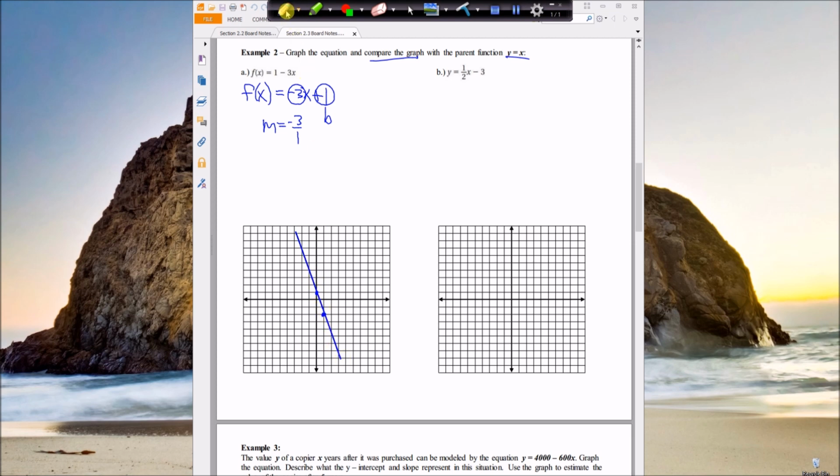And then they're asking you to compare this to the parent function. So we can label this. This is f of x equals negative 3x plus 1. Now compare this to the parent function. Now the parent function is y equals x. Let me make some points here.